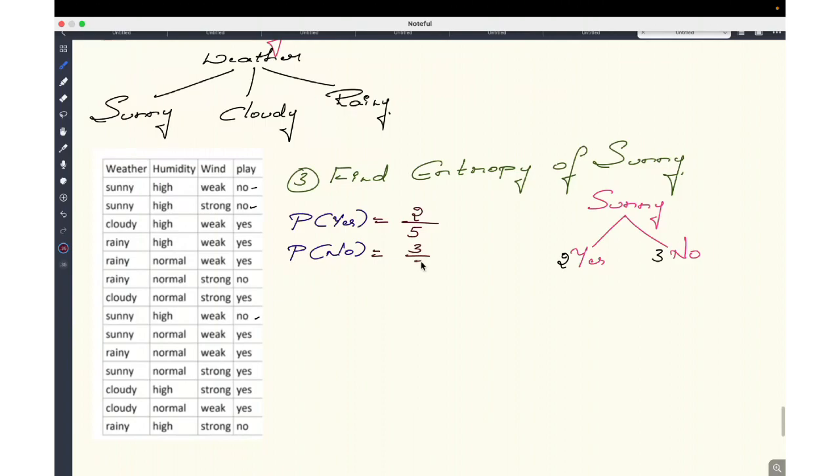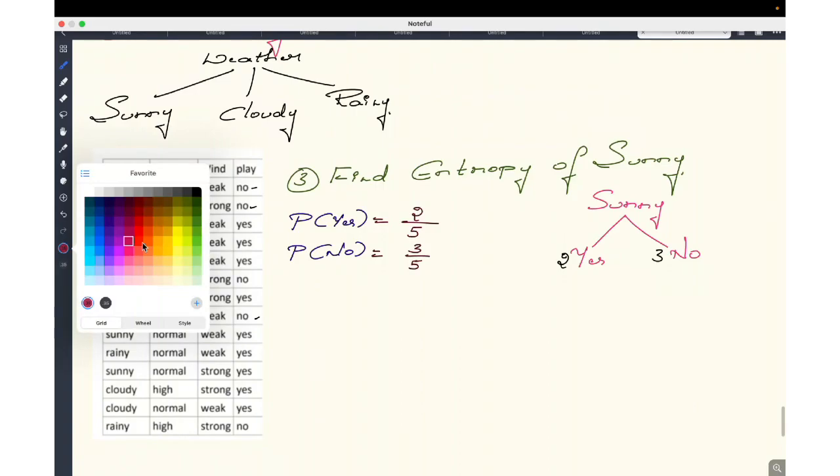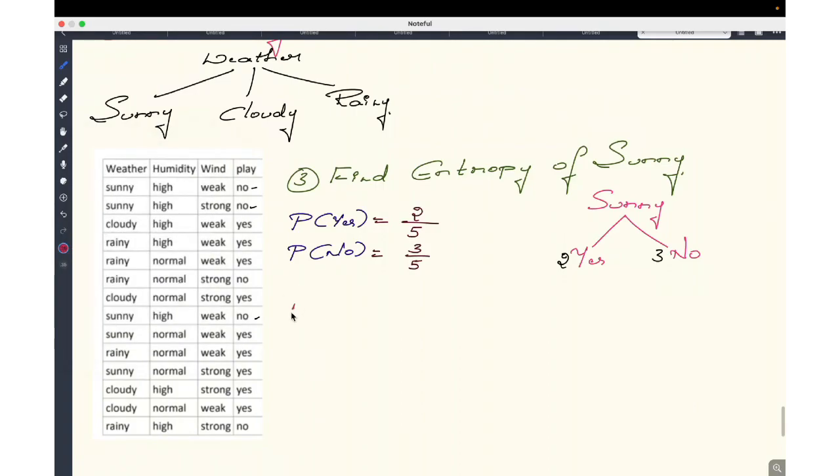That's it. Now I'll just use the formula. H of sunny equals minus probability of yes log base 2 probability of yes, minus probability of no log base 2 probability of no.